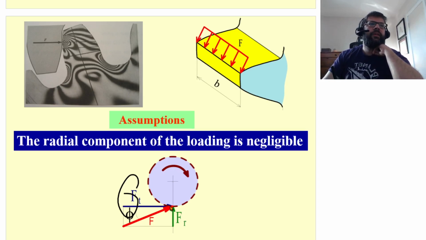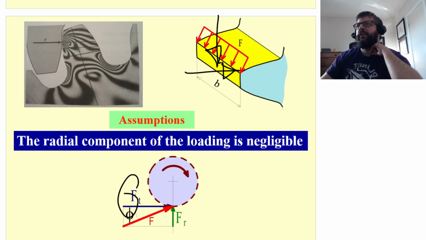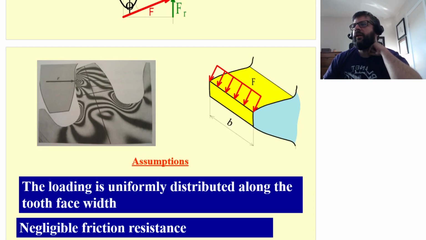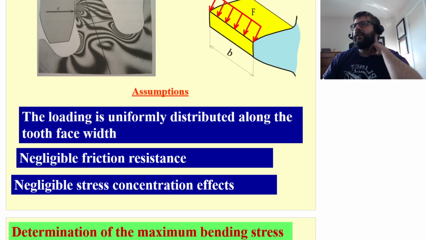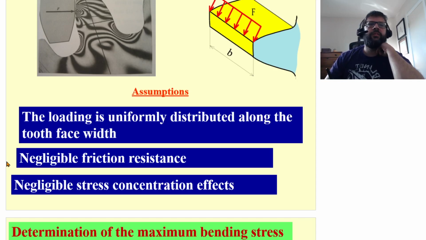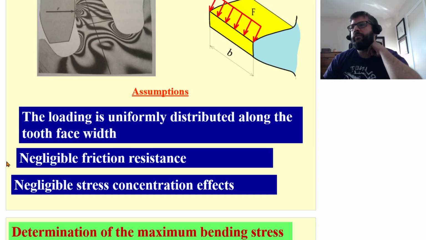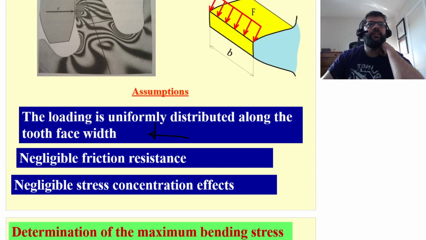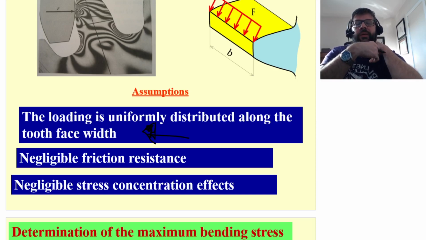The tangential component causes a bending moment; the radial doesn't, so we're not too worried about that. The assumption is that the loading is uniformly distributed along the tooth face width. Perhaps not the best assumption, but the calculations were derived based upon it, and as we'll see later, it was refined to take into account when that didn't occur.